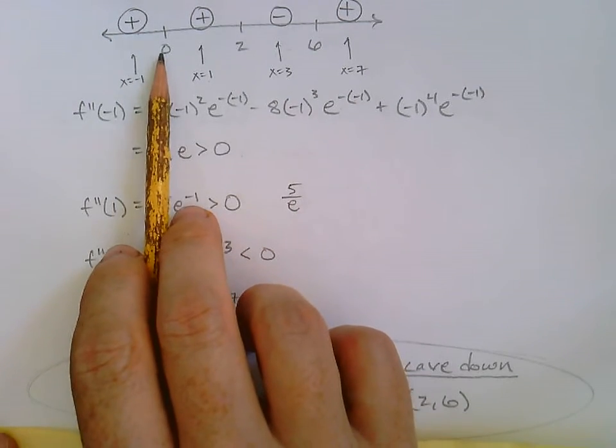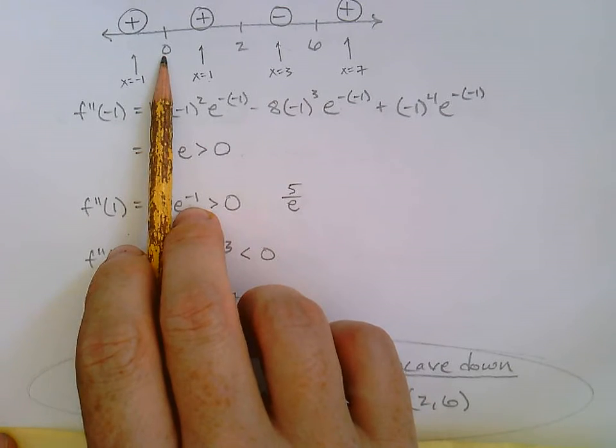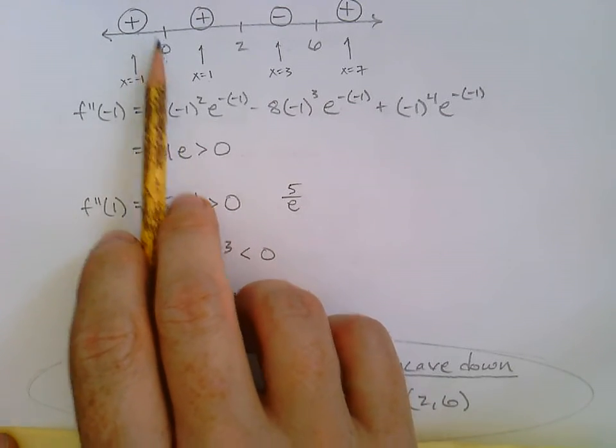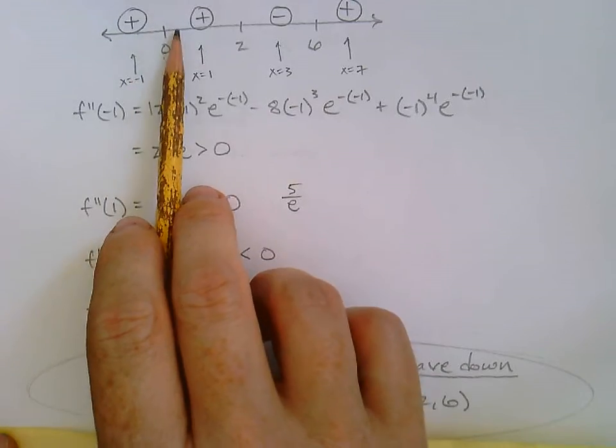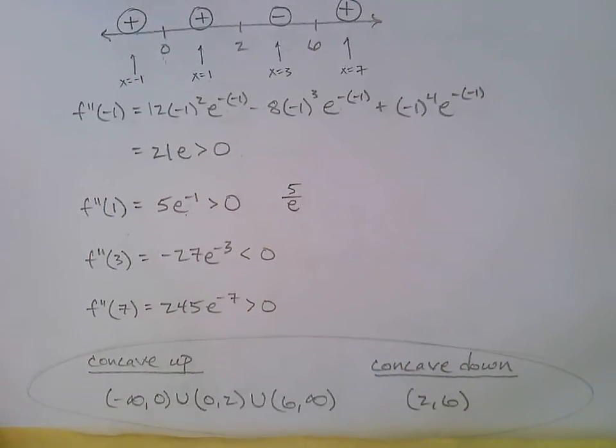At 0, the second derivative was 0. It wasn't positive. So we have to skip 0 itself. It's concave up here, concave up here, but not there. So we got to skip that one number. Okay, so there's our concavity, intervals of concavity.